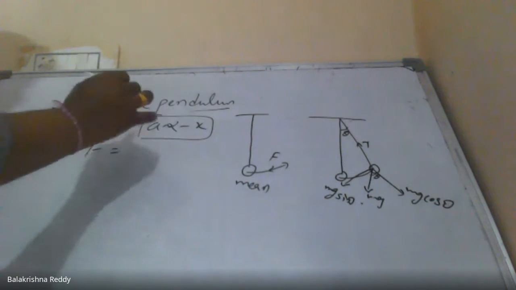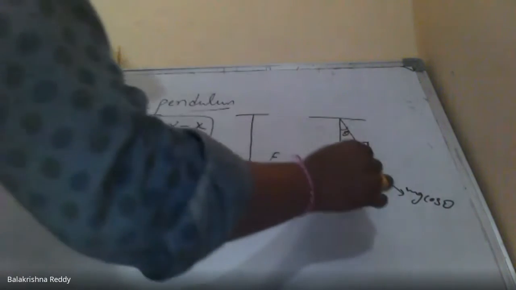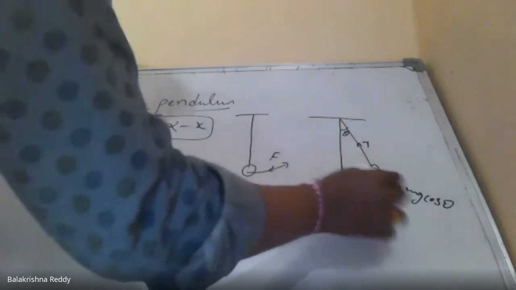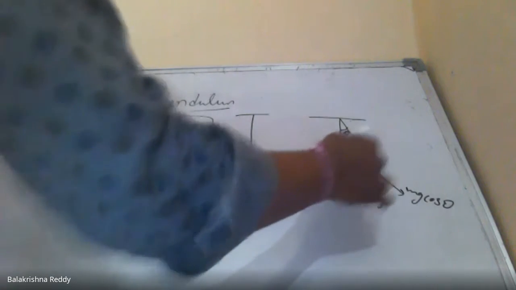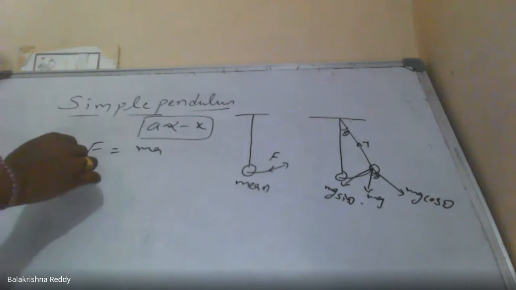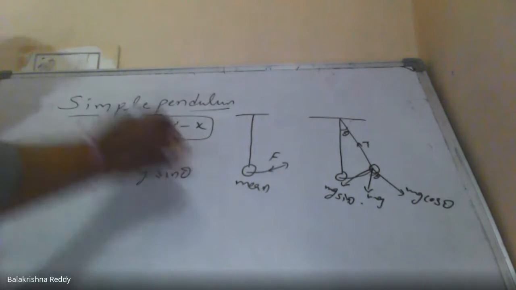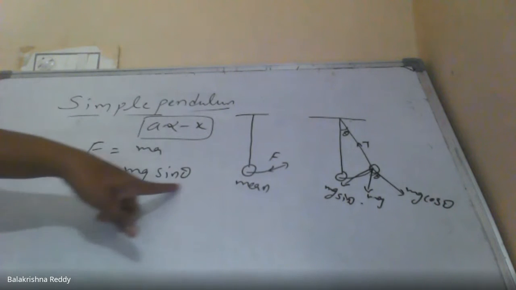F equal to ma, but there is a force acting on the object if you resolve it with respect to sine theta and cos theta. This is the sine component acting towards the mean position, which we write as mg sine theta. This is the restoring force acting towards the center.